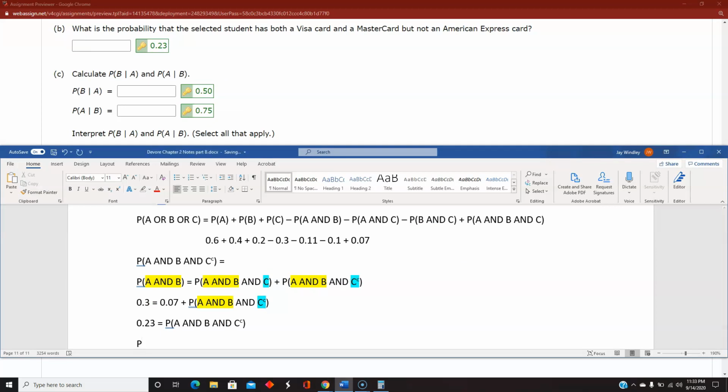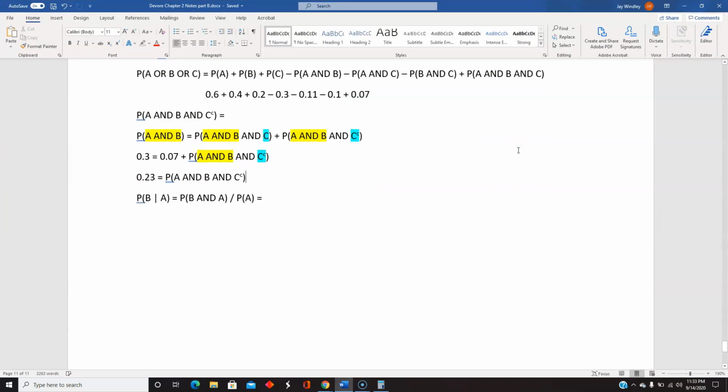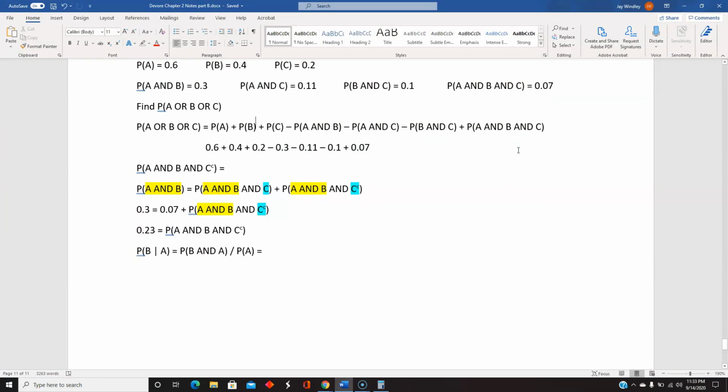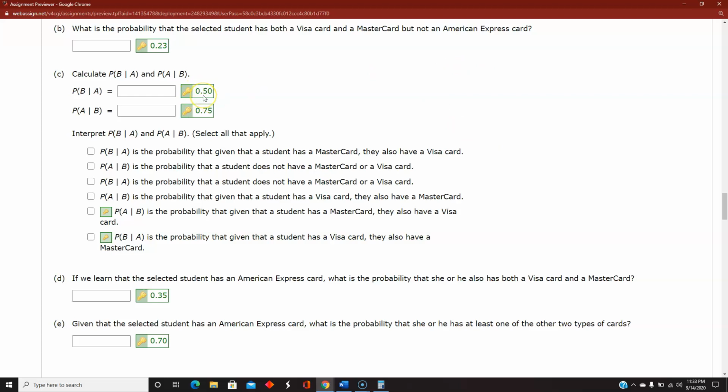So the probability of B given A, we have a formula that says that's the probability of B and A divided by the probability of A. And the probability of B and A, once again, we were told, is 0.3, and the probability of A is 0.6. Divide those two and you get 0.5, which you can see right there is that answer.